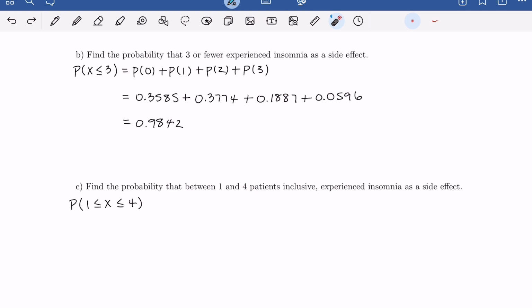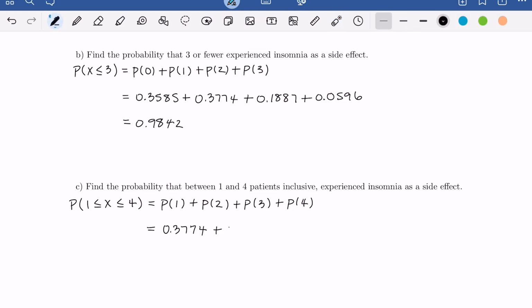So in this case, we're going to do something similar to what we did in the last example. We just want to add all of these probabilities together. And we're going to find them exactly like how we did in parts A and B. So the probability that one user is going to experience insomnia is going to be given by 0.3774, like we saw in part B. The probability that two might is 0.1887, and then so on.